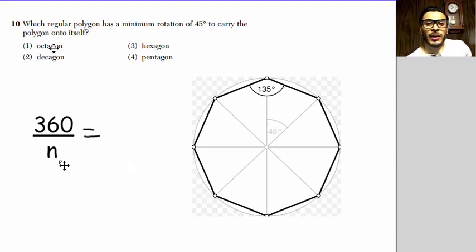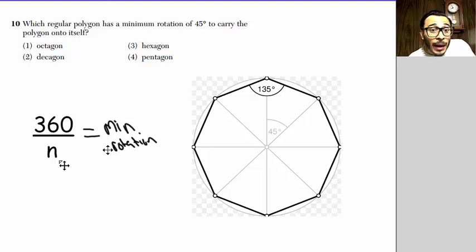Number 10, which regular polygon has a minimum rotation of 45 degrees to carry the polygon onto itself? Now, this is a question you could answer with a formula. 360 divided by n will give you the minimum rotation for a regular polygon to carry onto itself.